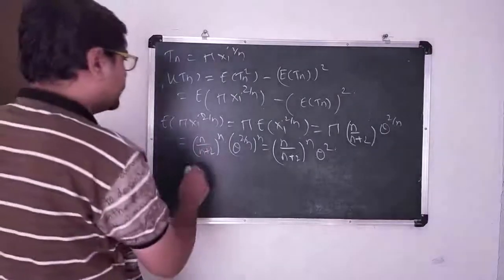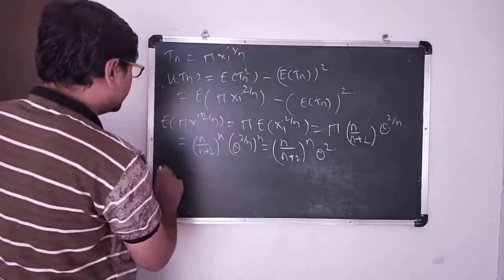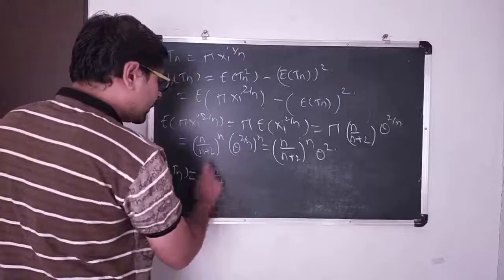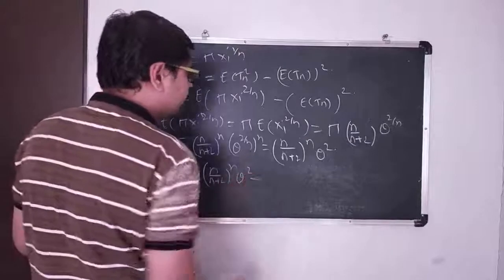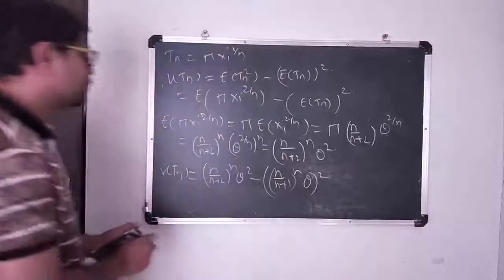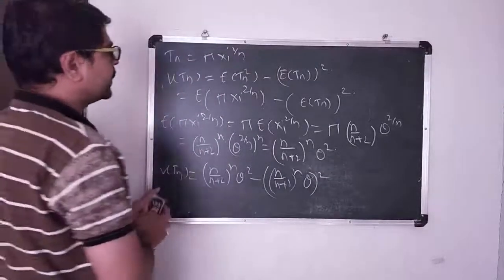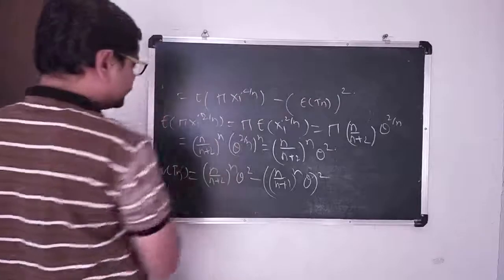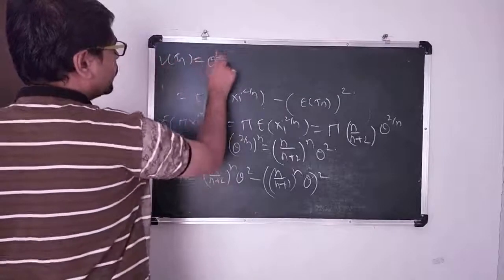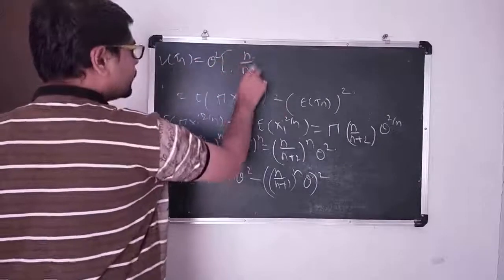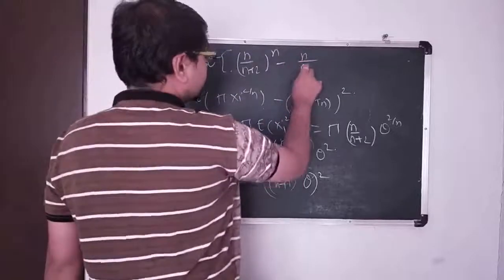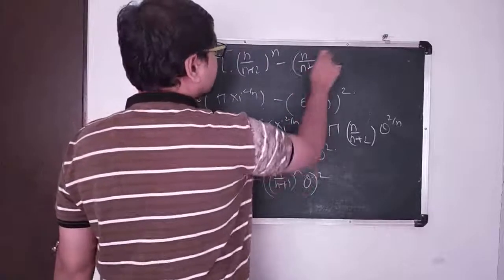So variance of Tn is equal to n upon n plus 2 raised to n into theta square minus n upon n plus 1 into theta, and we have to square it. So we can take theta square outside. So variance of Tn is theta square into n upon n plus 2 raised to n minus n upon n plus 1 raised to 2n.